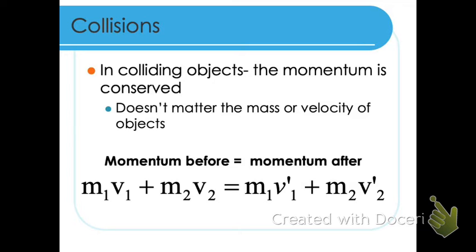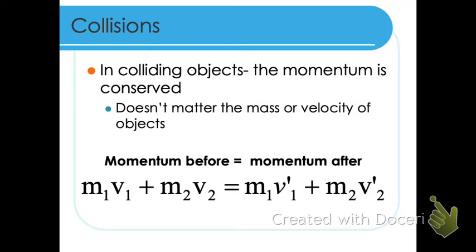So we could use this with however many objects were colliding, right? If there were 3 objects colliding, we would say M1v1 plus M2v2 plus M3v3, right? We could do as many terms on either side as we need. Most of the time, our collisions right now are just going to be between 2 objects. It's going to be pretty simple, but you could add more if you absolutely needed to, okay? If there's 3 things that are moving and we see a collision, we could add a term to that.